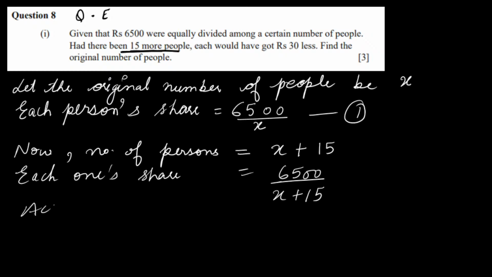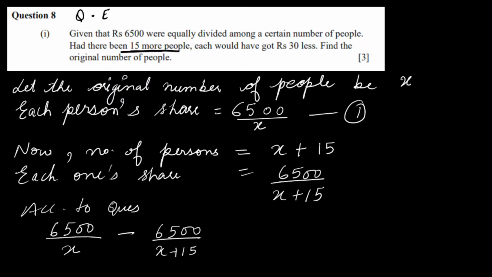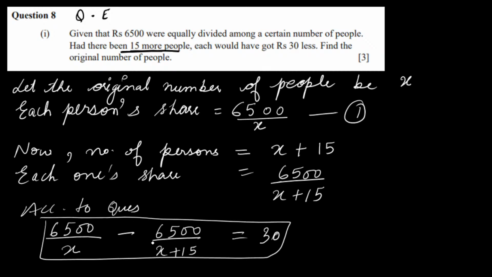So according to the question, my original share was more. So 6,500 divided by x minus 6,500 divided by x plus 15 is equal to 30. Now you can convert this into a quadratic equation.